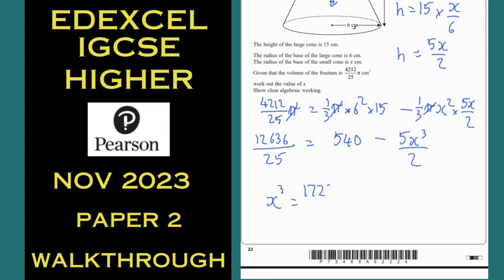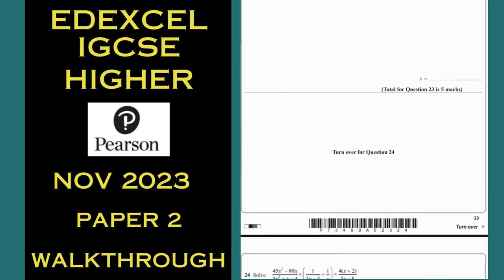We get the reassuringly cubey looking 1728 over 125, both of which are cube numbers. We can cube root both sides, and x will be 12/5, or if you prefer decimals, 2.4. They gave us a lot of room for that, didn't need it.